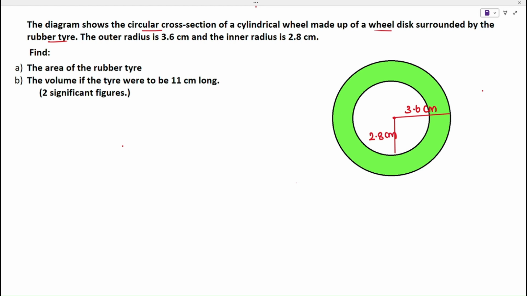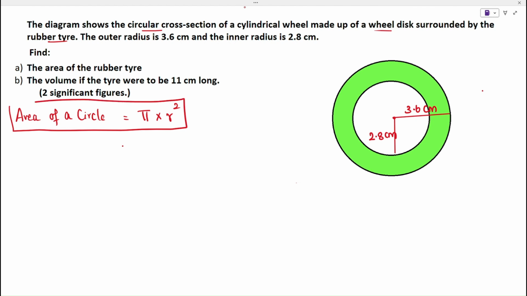And so the first thing that we're going to do is we're going to find the area of our outer circle. So the equation for the area of a circle is pi times r squared, where r is our radius. So for the area of our larger circle, our outer circle, we're going to take our radius as 3.6.